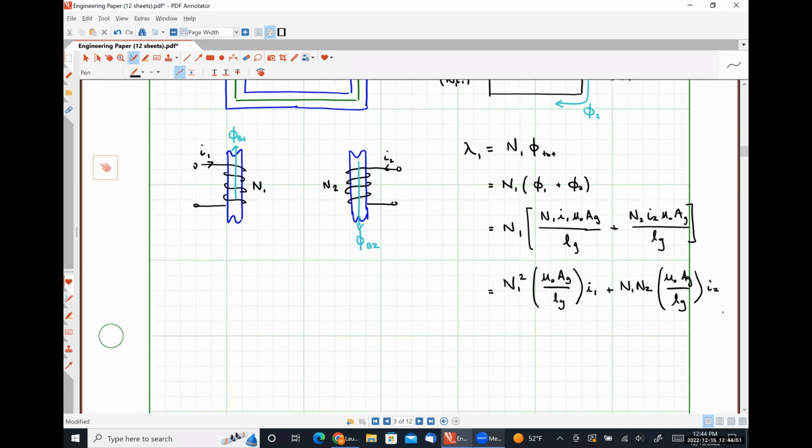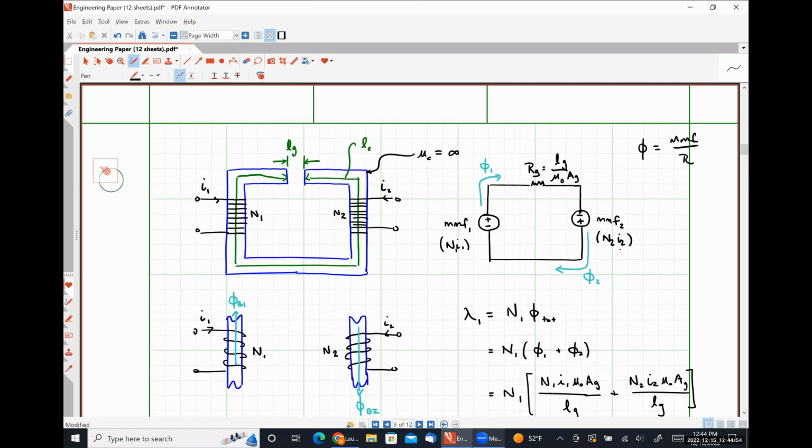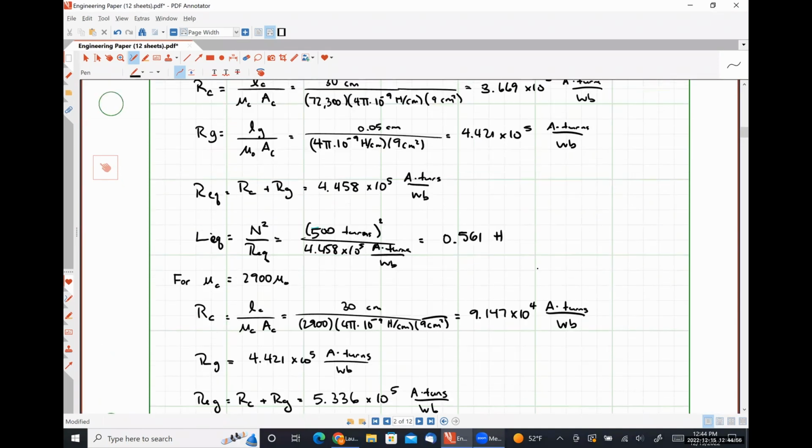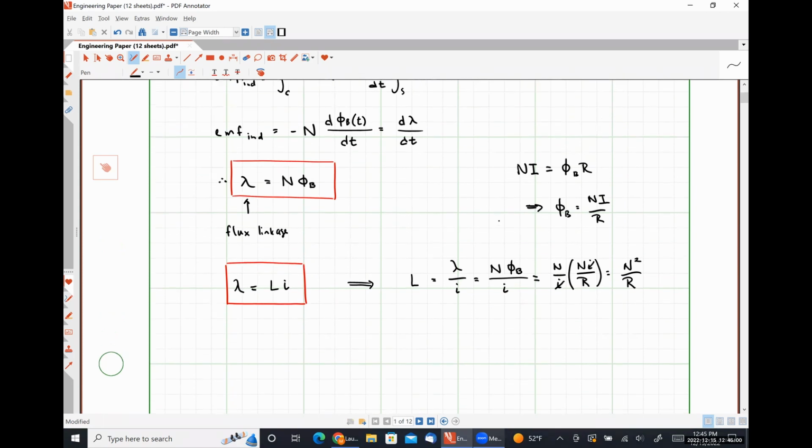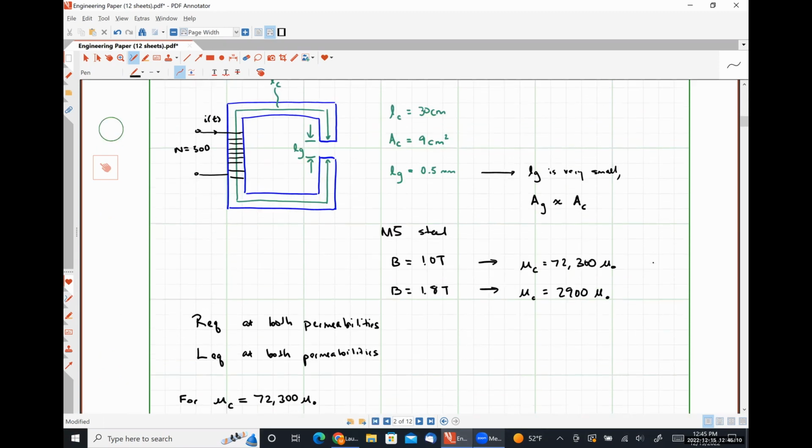Let me scroll up here a smidge where we defined the concept of inductance. Flux linkage is equal to inductance times the current that's causing the flux.